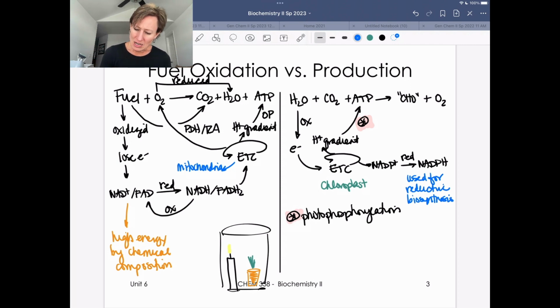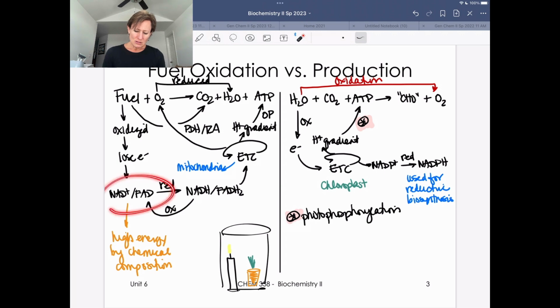Okay, let's fill in a couple of other pieces here. Remember, when water is oxidized, loses its electrons, we generate molecular oxygen. So this again is an oxidation process. One other thing to highlight here and think about with these electrons: in order to go through the electron transport chain, they have to be high energy so that they can flow downhill.